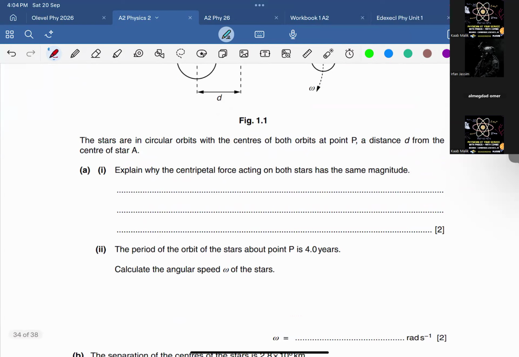Oh, I thought we had to read the next question.